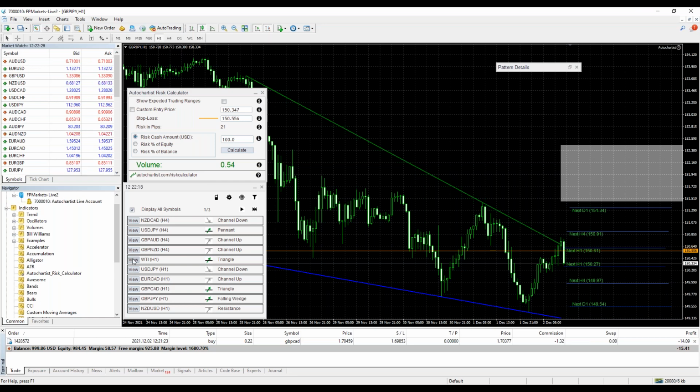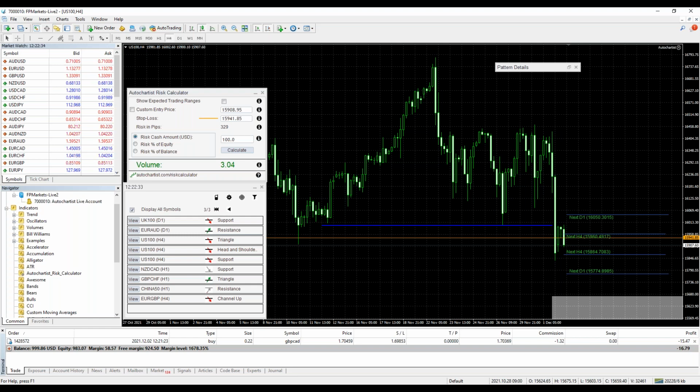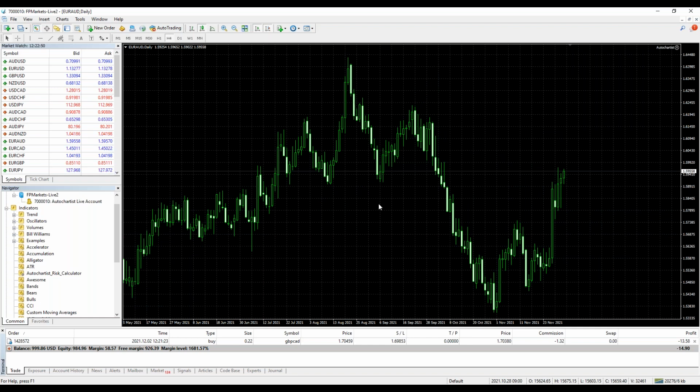Oh, I missed this WTI, the West Texas Intermediate. Which one is it showing me now? I'm not sure what I clicked on. Sorry, everyone. I want to try and find something that I haven't traded before, not a chart pattern. Here we go. Euro ORD. I think I'm going to look at this Euro ORD example.